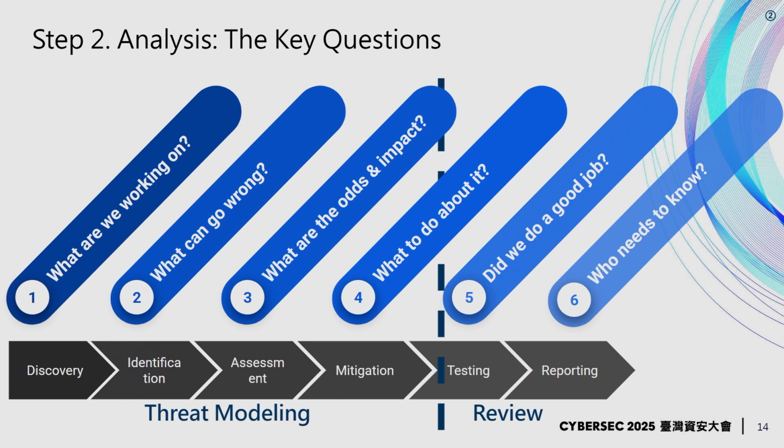And then with this list, we'll perform an assessment of those threats and ask the question, what are the odds and what is the impact of those risks? And then finally, we will define what mitigation needs to be taken to control those risks, and we'll ask the typical question, what to do about it. Right, and that is the end of the first phase.